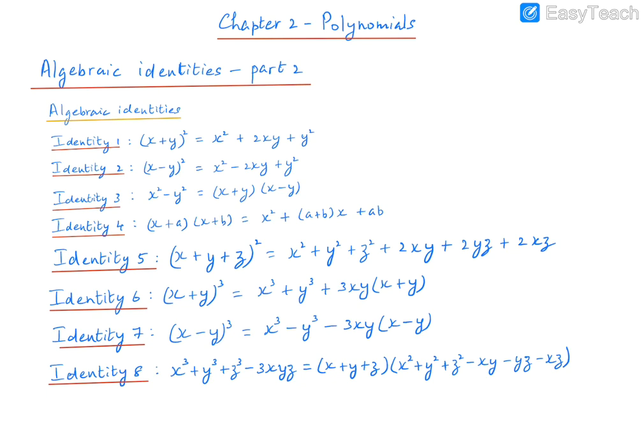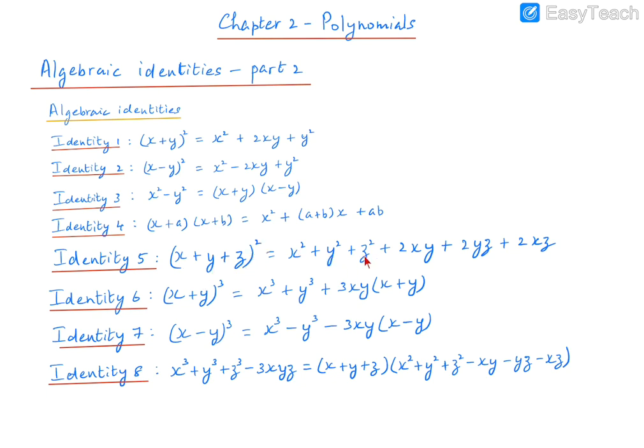Basically, identities are equations which are true for any value of the variables present in them, and we will use them to either factorize an algebraic expression or to compute some value using these identities.